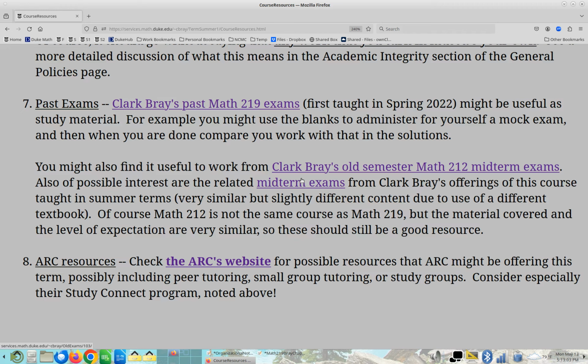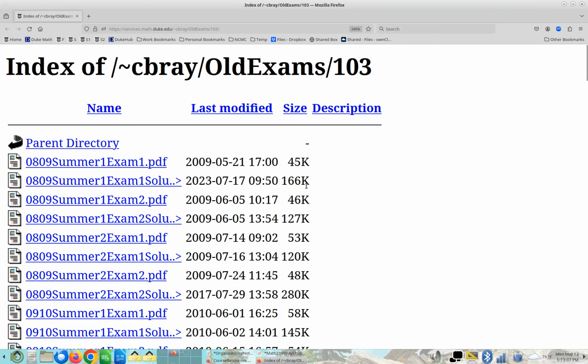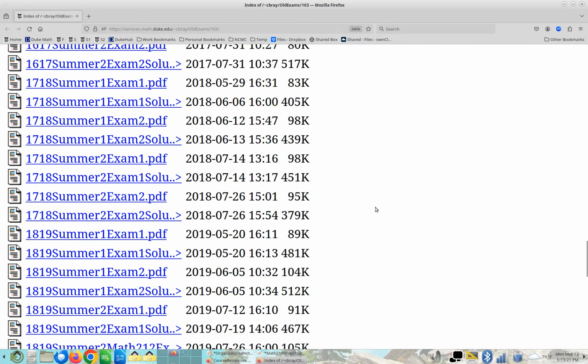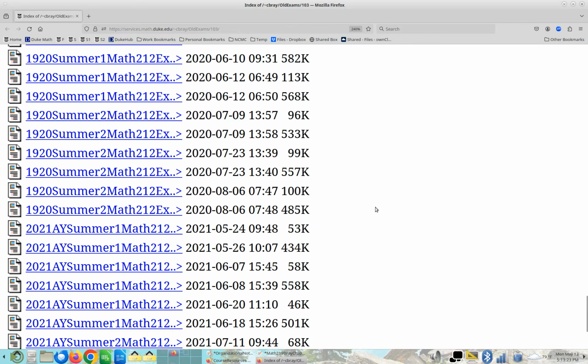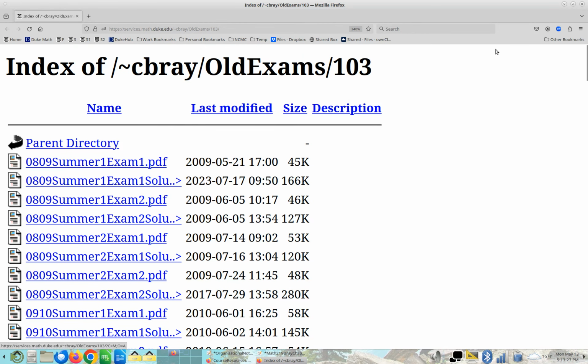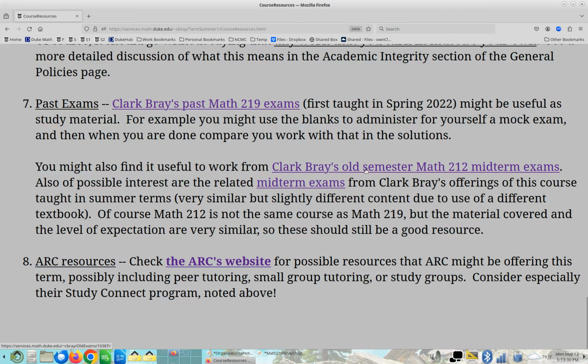And so anyway, slightly different. So a different folder. And one of the things that I did differently in these old summer offerings of Math 212 is I included some linear algebra. So in fact, these are arguably more like Math 219 than the others. So anyway, all useful. I hope you'll find those to be useful for you.